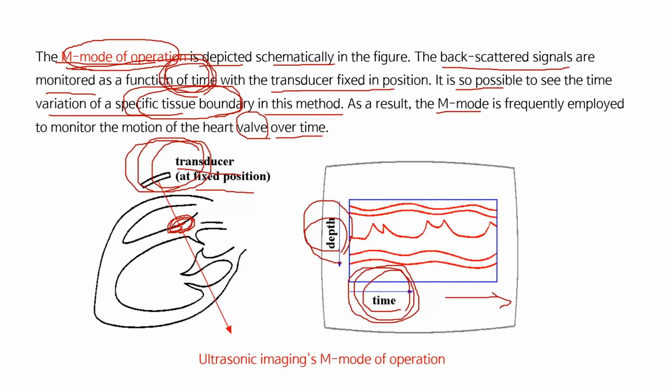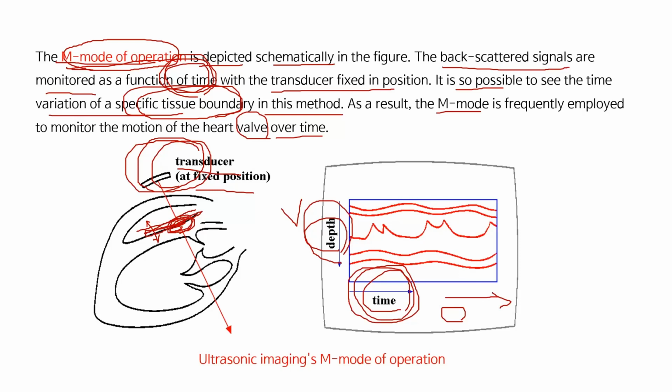So we focus on a certain tissue boundary and observe the tissue boundary's motion as a function of time. So that is the difference from the A mode operation. In A mode operation, we measure the signal intensity as a function of the depth from the skin.